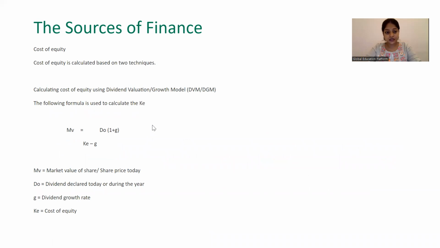Right. Cost of equity. Cost of equity is calculated based on two techniques. First, calculating cost of equity using the dividend valuation model over growth model, DVM or DGM. This is the formula used, and then you have the explanation for each category.